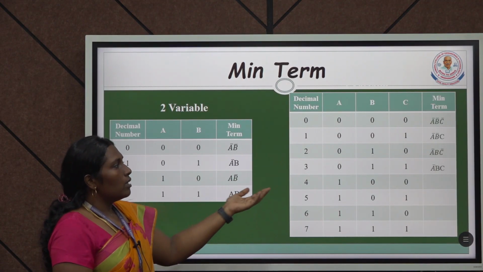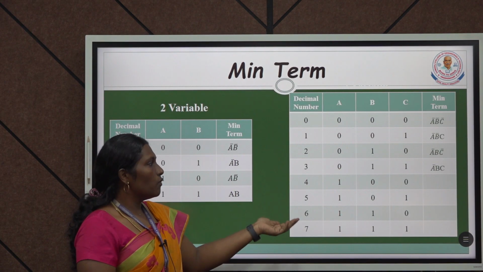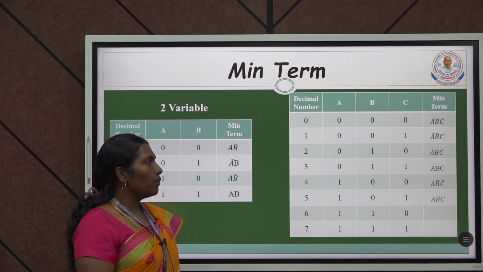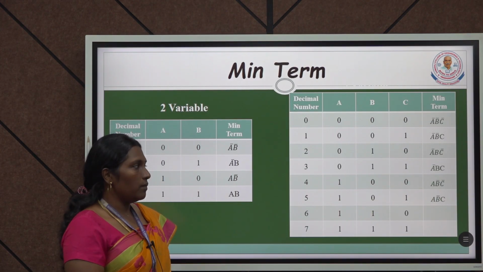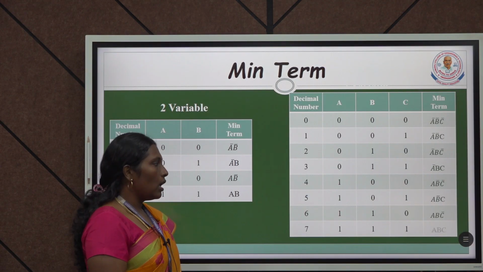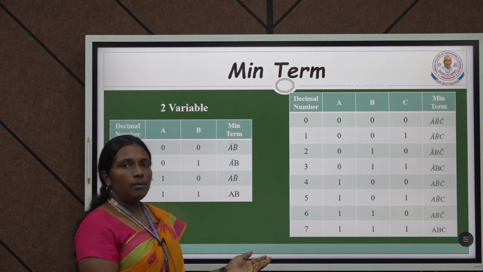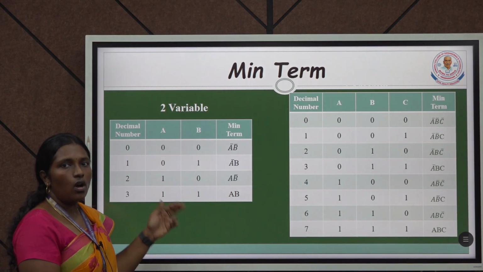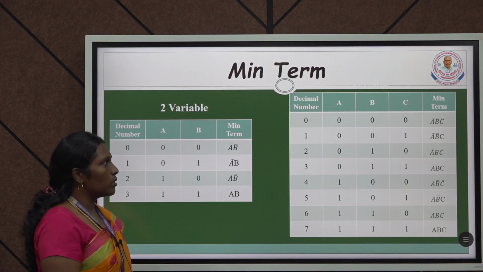For 3, a bar, b, c. For 4, a, b bar, c bar. For 5, a, b bar, c. For 6, a, b, c bar, and for 7, a, b, c. So this is the min term expression for the following decimal inputs.